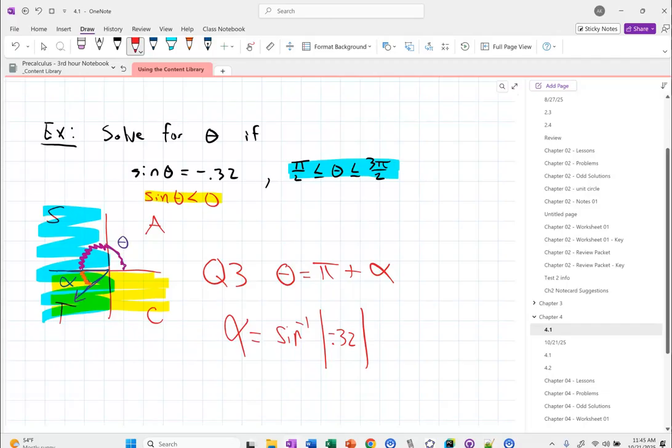Now, am I going to bother typing an absolute value into my calculator? No. Why? I can just do it in my head, guys, right? What's the absolute value of a negative number? The positive. What's the absolute value of the positive? The positive. I can get rid of negative signs in my head. I don't need to ask my calculator to do that. I'm never going to actually type that in.